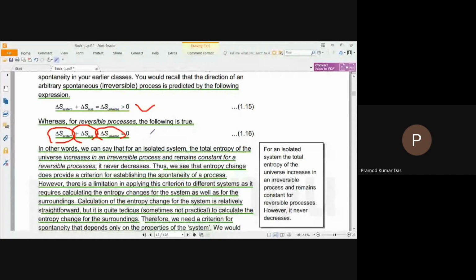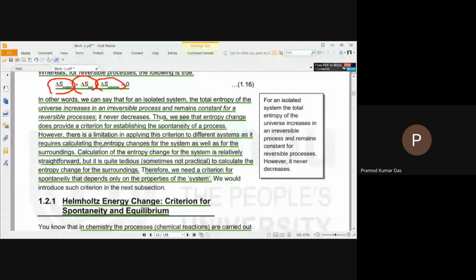That means the total entropy of the universe is gradually increasing, because all the naturally occurring processes in the universe are irreversible. In other words, in an isolated system, the total entropy of the universe increases in an irreversible process and remains constant for a reversible process.